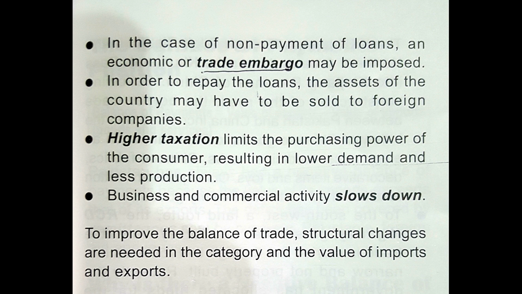So the government should take notice of such things, and there should be policies to keep the balance of trade. Such changes and improvements are needed for the value of imports and exports.